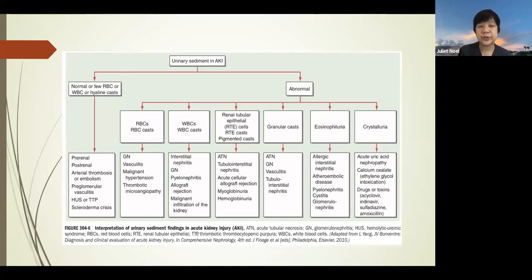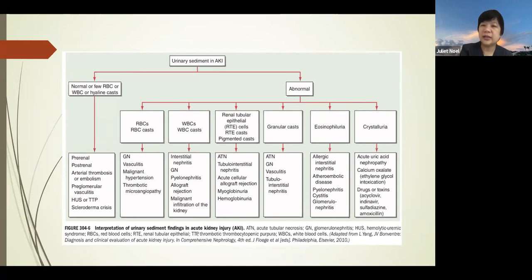If your sediments are normal or very few, you might consider pre-renal, post-renal, arterial thrombosis or embolism, or a preglomerular vasculitis. But if it's abnormal, if you see an RBC cast, that is for GN and vasculitis.